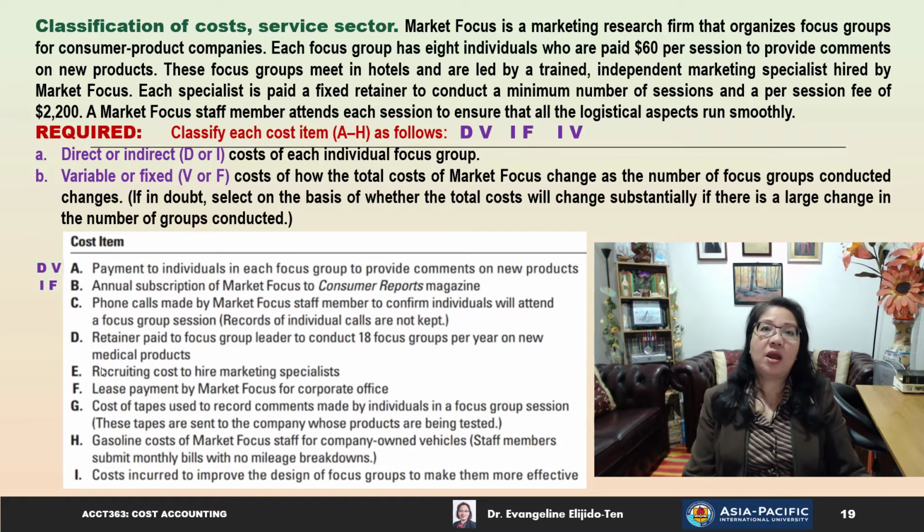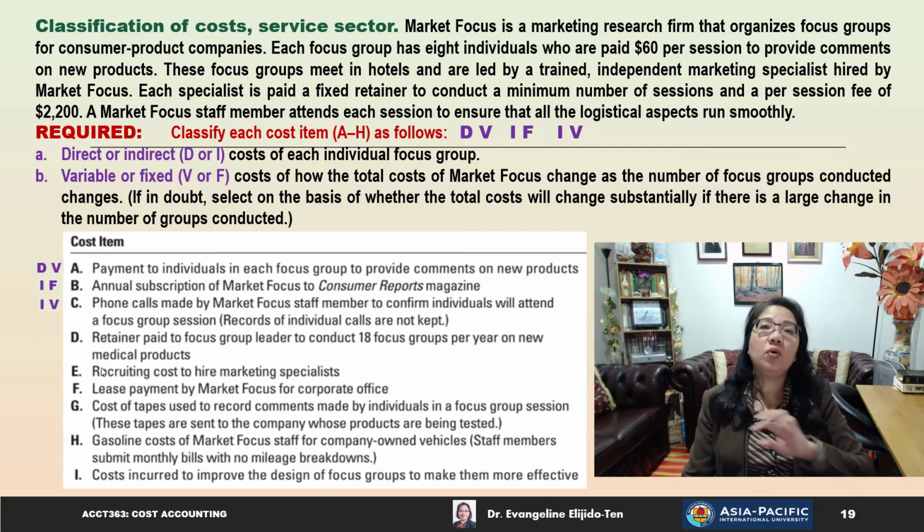Now, the phone charges, would that be variable or would that be fixed? Well, if you are paying according to the number of minutes or according to the number of calls, then it will vary, won't it? So therefore, it will be an indirect cost and a variable cost.